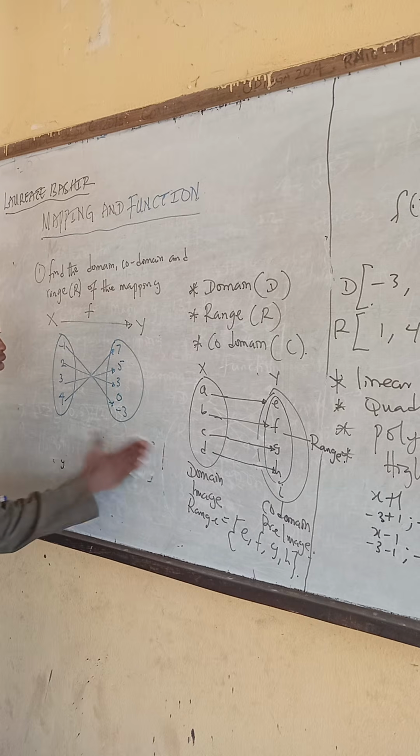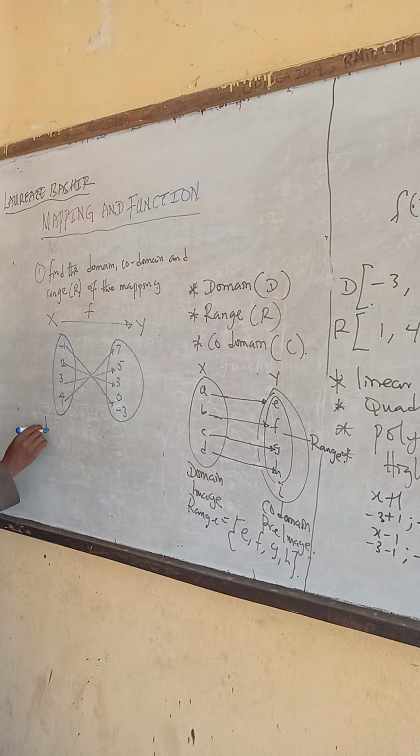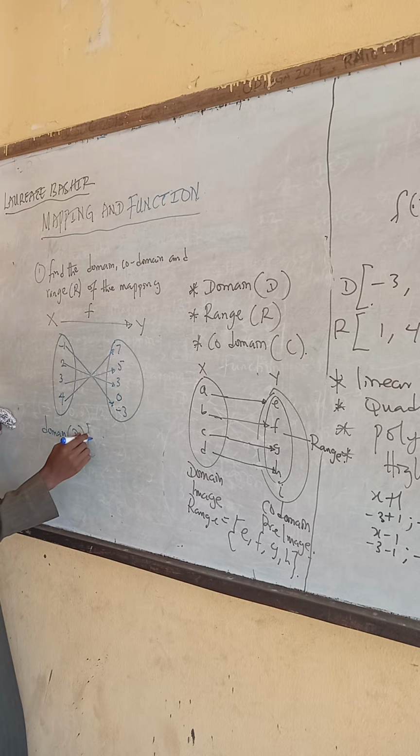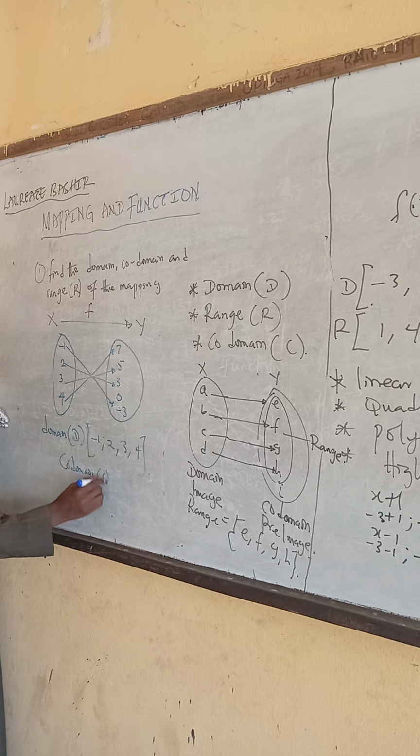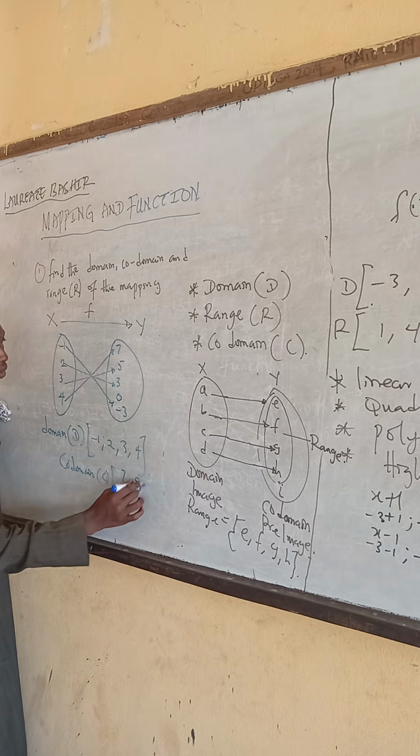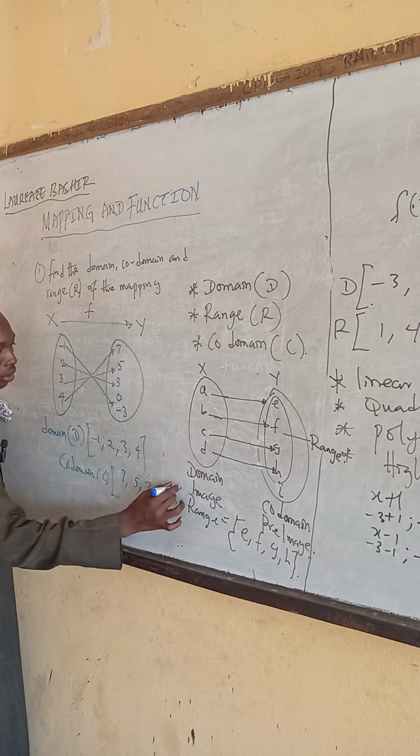It's very simple, as you can see. The domain D is given by your x. That's -1, 2, 3, and 4. Then the codomain C is given by 7, 5, 3, 0, -3.